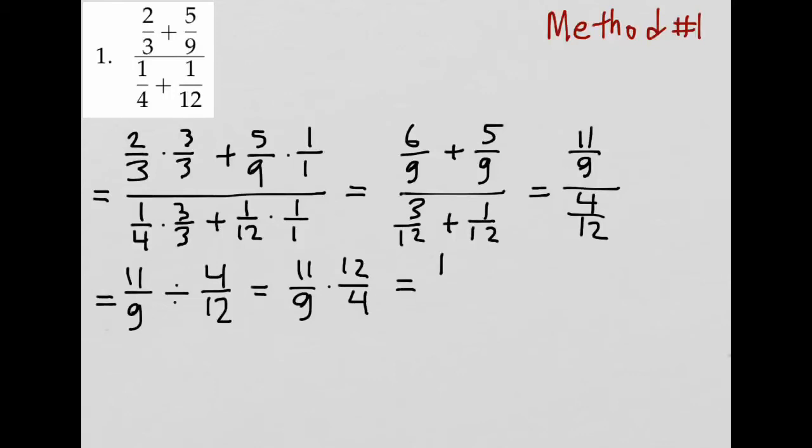That's equal to 11 over 9 times 3. 12 over 4 is 3. Now 3 over 9 simplifies as 1/3. We get 11 over 3, which is our final answer in lowest terms. So simplifying our complex fraction gives us the final answer of 11 over 3.